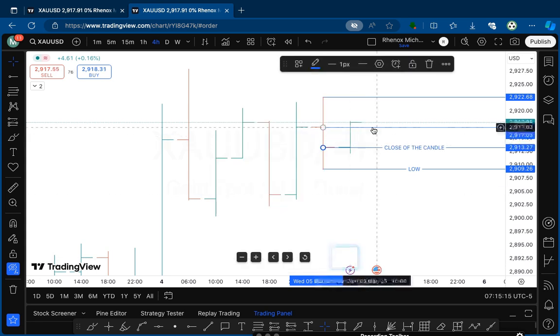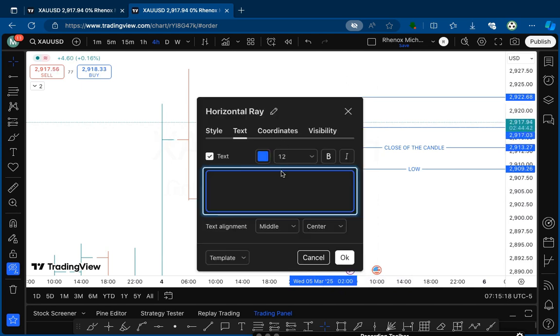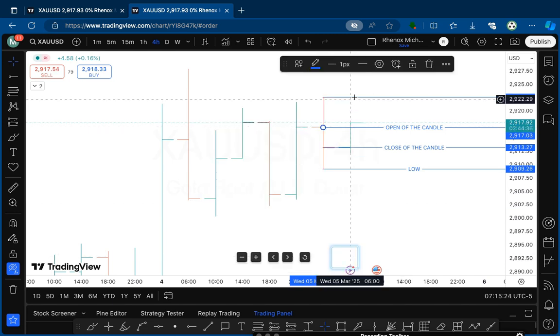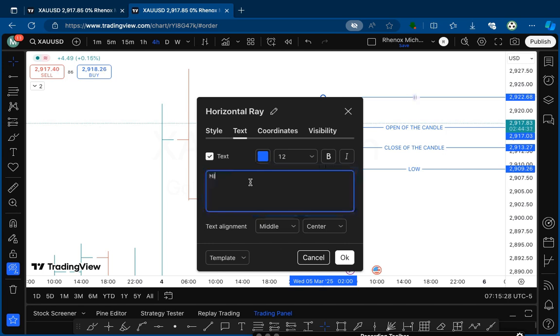Then this will be the open of the bar. Then this will be the highest price, that's the high of the bar.